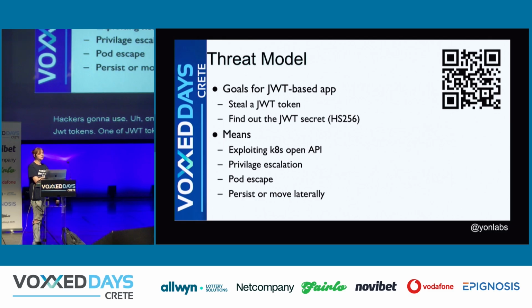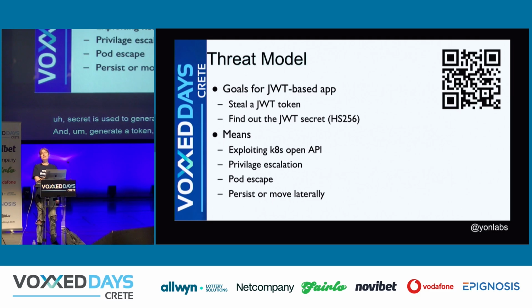And another one, depending on the token algorithm, in our case it's HS256, HMAC with SHA-256. HMAC means this is a symmetric algorithm. So it means that the same secret is used to generate a token and then verify a signature.